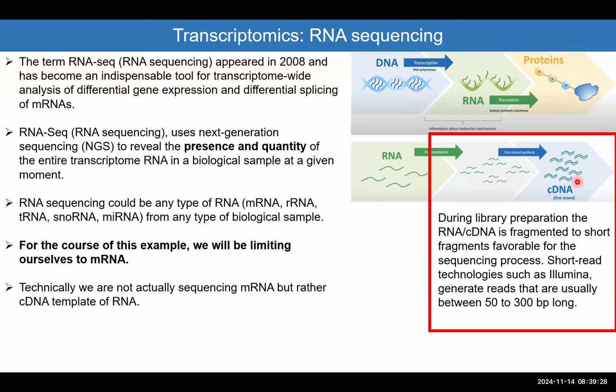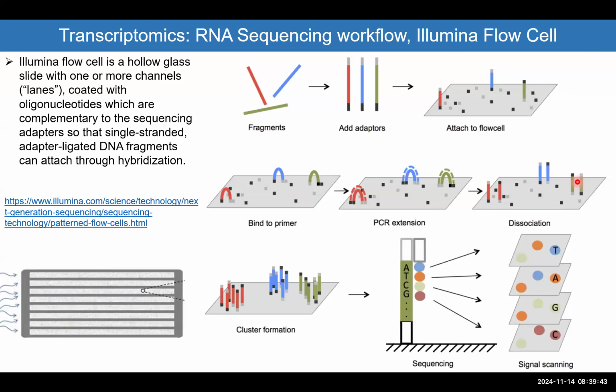I've shown you that there are multiple platforms where RNA sequencing takes place, and different ways to prepare the samples for those. We are not going into these details, but the concept of RNA sequencing is more or less the same.